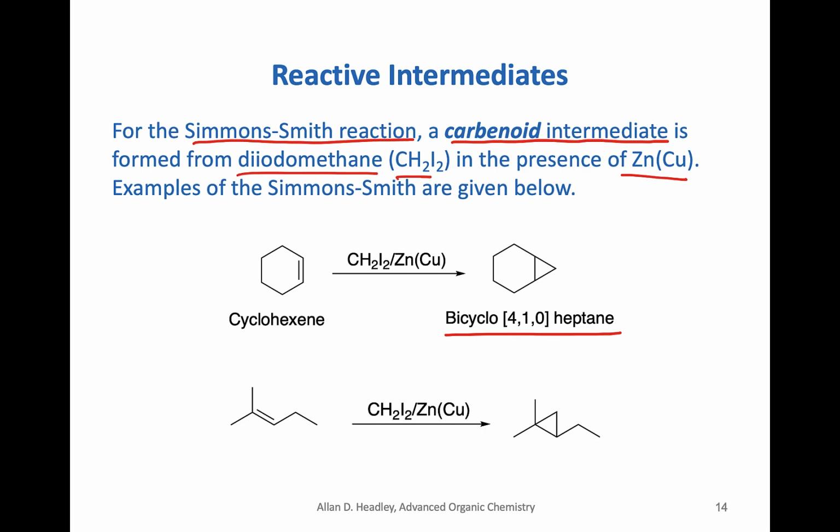And towards the end of the course, we will utilize these intermediates as part of our reaction mechanisms, or the reaction mechanisms that are proposed for different reactions that we will find in the literature and also in our textbook.